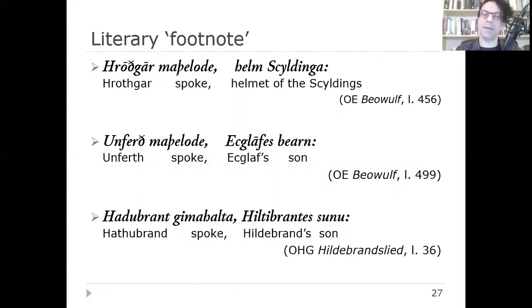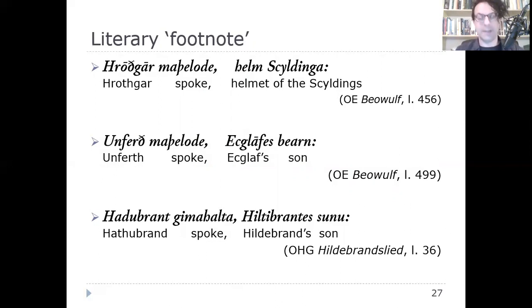So for example, in Beowulf, we find formulas like this: Hrothgar Maðelode, Helm Scyldinga. So literally, Hrothgar spoke, the helmet of the Scyldings. Or a few lines later, Unferth Maðelode, Ecglafes bearn. So Unferth spoke, Ecglaf's son. So you always have somebody spoke, and then something designating this guy in other words.